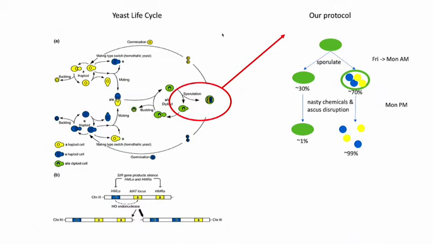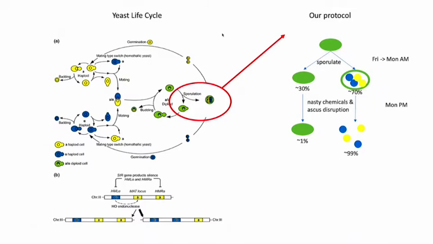Of the diploid individuals put into this, fairly consistently over 70% result in either 4 or 2 spore asci, and about 30% decide not to sporulate. Then on Monday, we apply an aggressive ascus disruption and several nasty chemicals, which in our base population kills the vegetative cells such that they're only 1% of the population, and the single spores are 99%, and then we'll remate those, right?